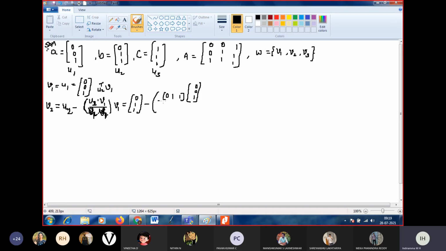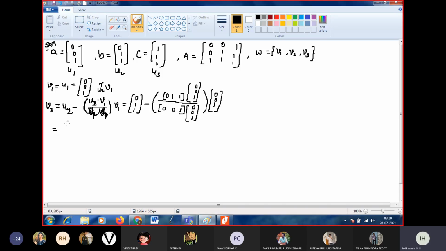Divide by V1 dot V1 means V1 transpose into V1. So V1 transpose is 0, 0, 1 into V1, which is 0, 0, 1. So now we have to simplify this.